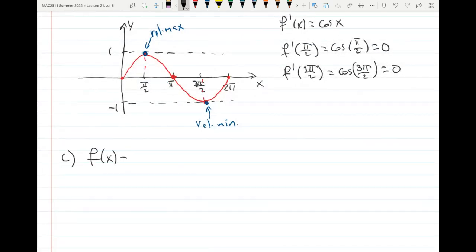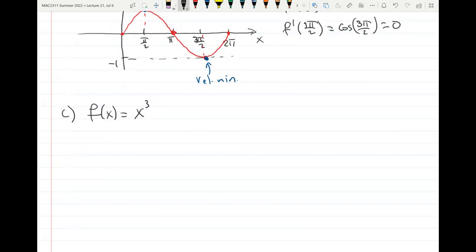Let me give you an example. How about f of x equals x cubed? We know how it looks. This is x cubed. Does it have any relative max or min? Where? x equals 0 would be the candidate. But remember, to be a relative minimum means that on an interval around the point 0, this has to be the lowest point.